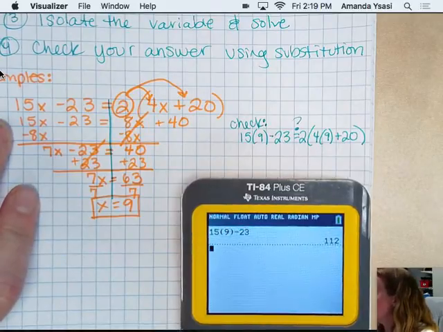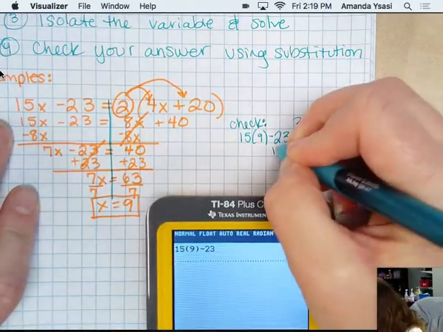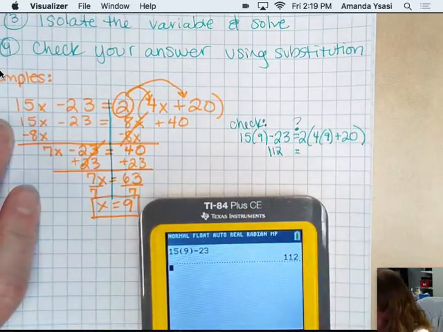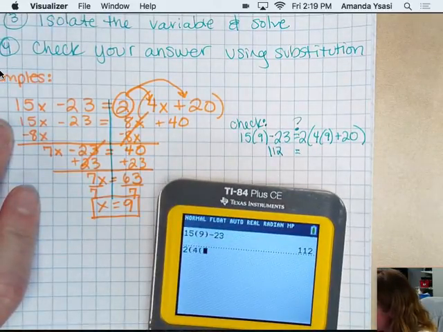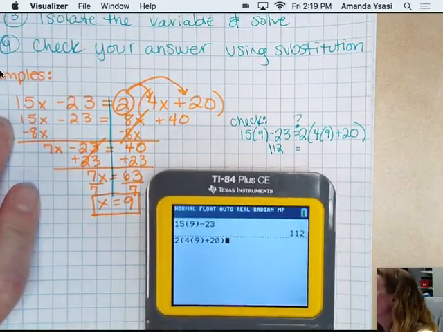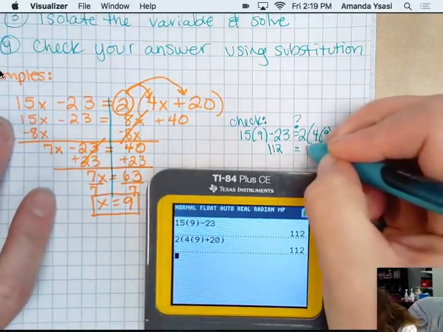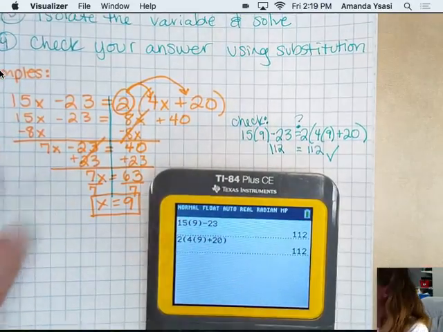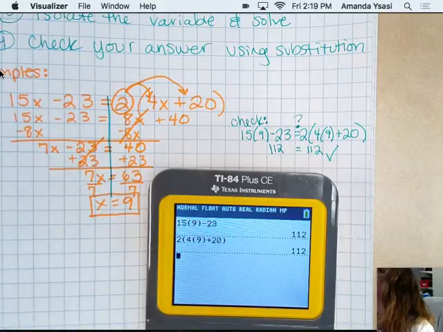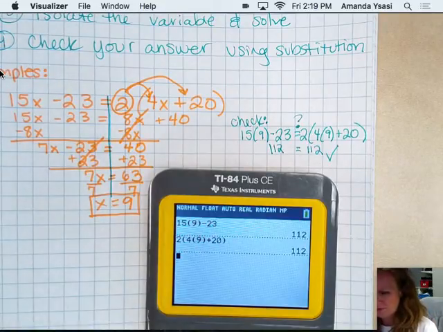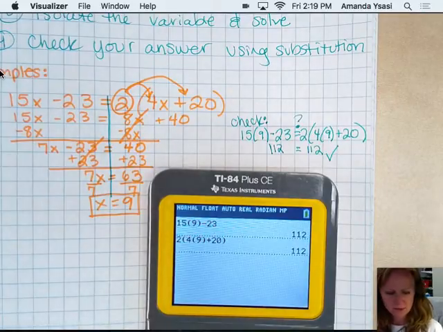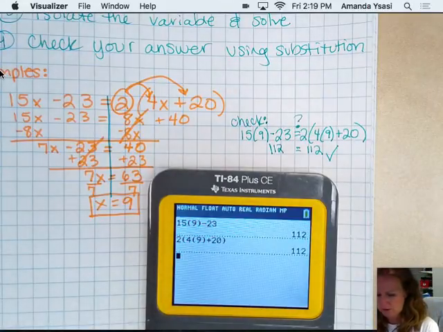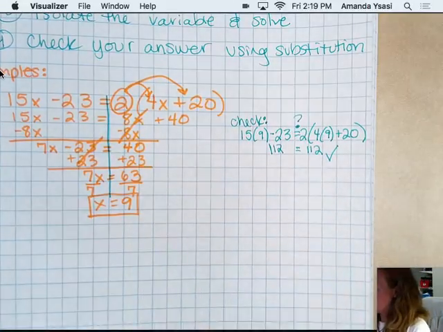So I'll do the left-hand side, and that's 112. And then the right-hand side, and that's also 112. So if they're balanced on both sides, then that is the correct answer. All right, so was this pretty much a review?